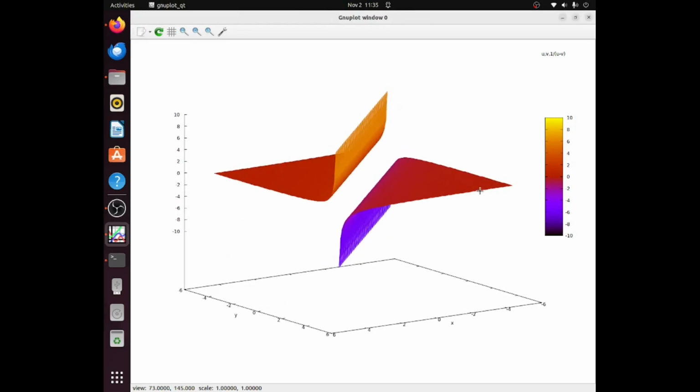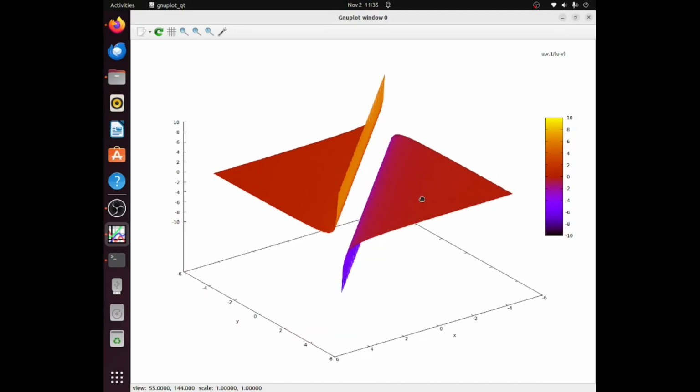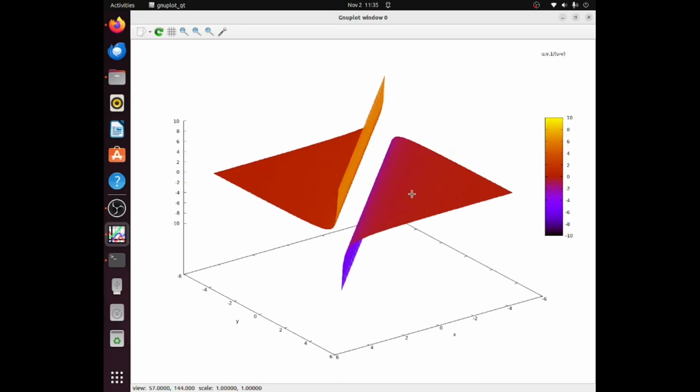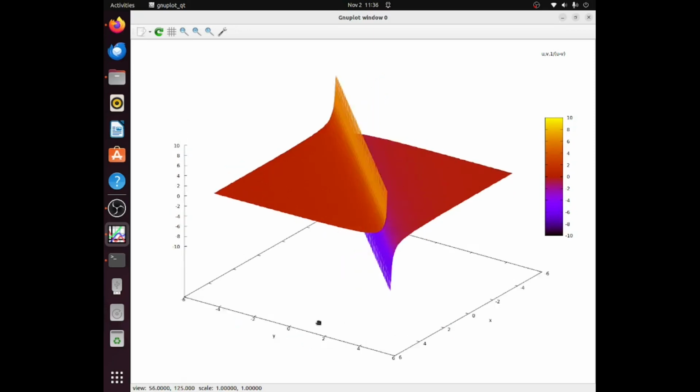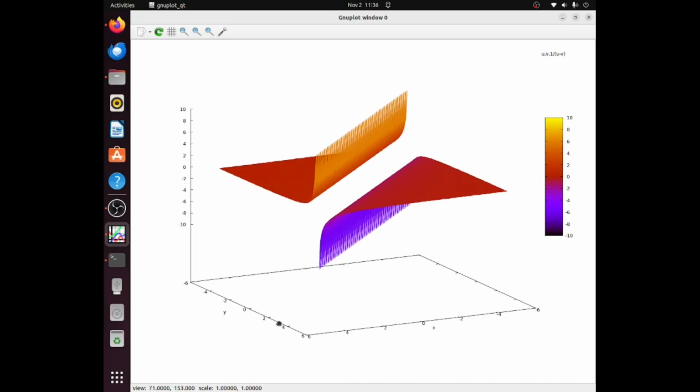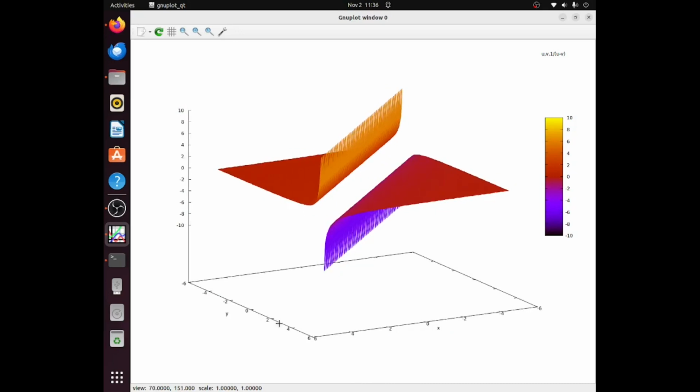Nearly flat, and as we approach the line where y and x are equal to each other, on one side, my function values blow up in the positive direction, and on the other side, blow up in the negative direction. As long as you stay away from places where x equals y, it's a perfectly nice function. But at those places, it's very bad.